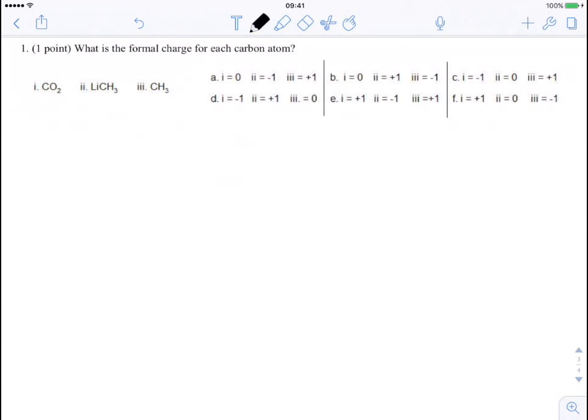Okay, so let's try with some of the questions you may see on the MCAT or on some of your exams. Again, the first thing you're always going to want to do is draw out your structure. So let's do the first one here. You have CO2. Just draw out your structure. And then you want to do the formal charge of the carbon.